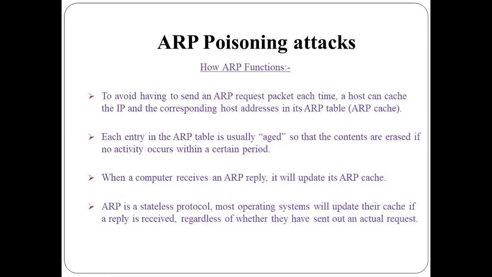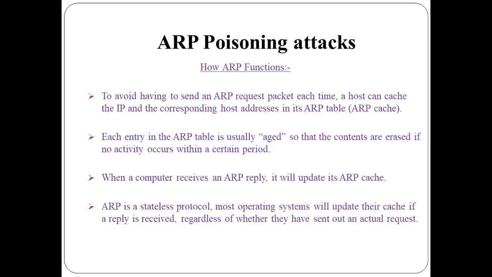How ARP works, I am telling you, relates to the cache and the table. Sometimes we already have entries defined. If you type the command arp space hyphen small a, you will get different IP addresses and MAC addresses of the devices.